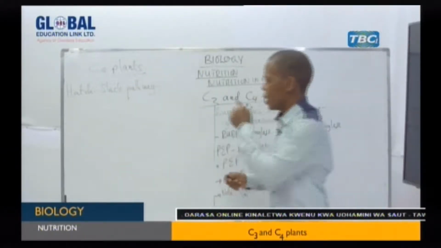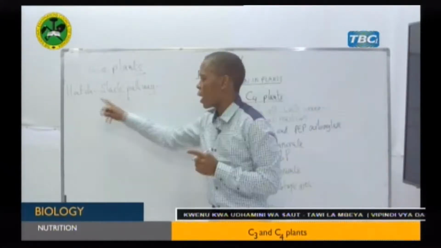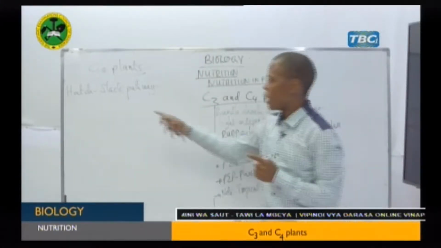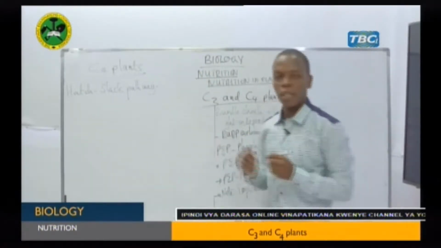What is this Hatch-Slack pathway? As we have said, these are two scientists, Hatch and Slack. Therefore, the pathway which was discovered by these two scientists is generally known as the Hatch-Slack pathway.